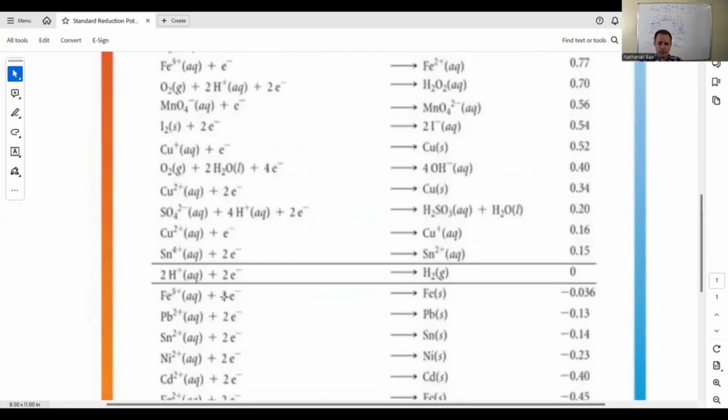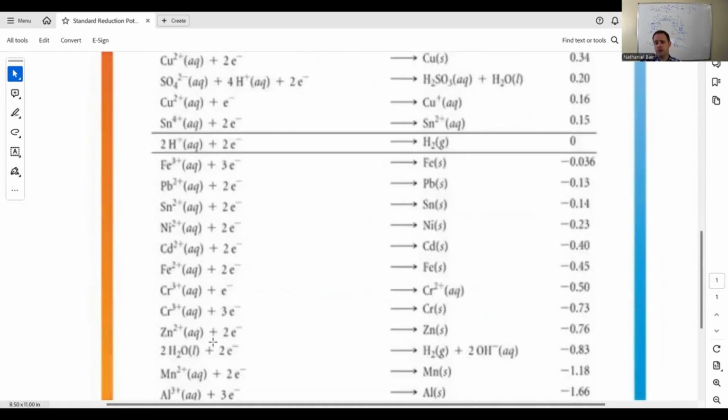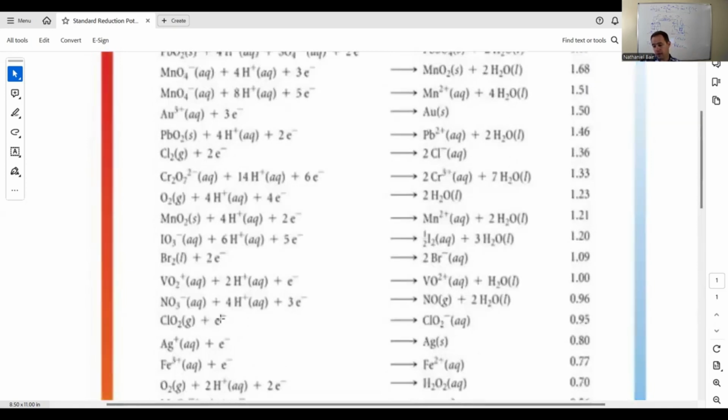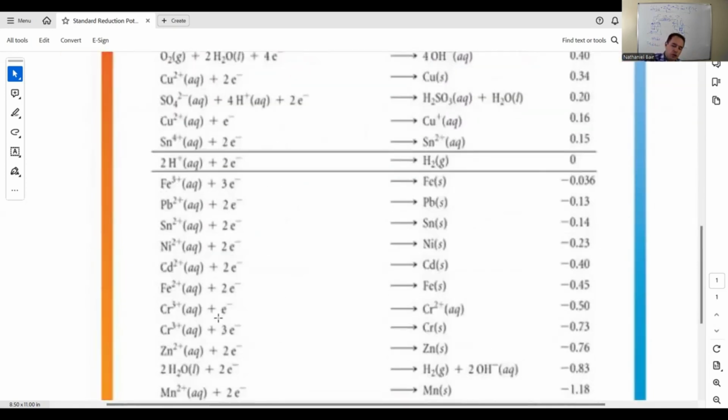Iron plus 3 gains 3 electrons, goes to iron. Nickel plus 2 gains 2 electrons, goes to nickel. Zinc plus 2 gains 2 electrons, goes to zinc. We're going to need that one in a moment. Okay, and they're all reduction half reactions. So this tells you the voltage associated with each one of these reduction events.